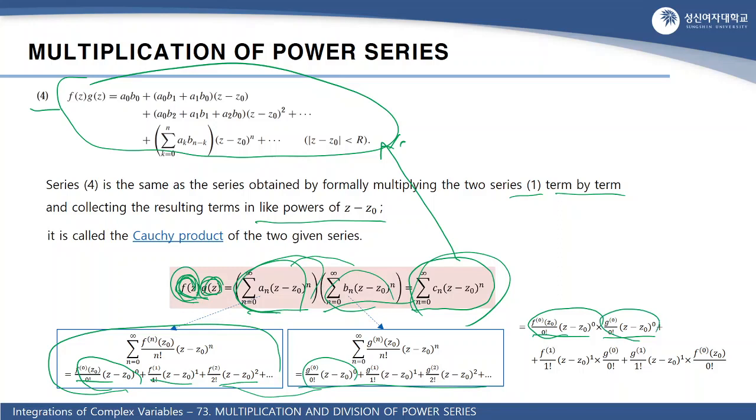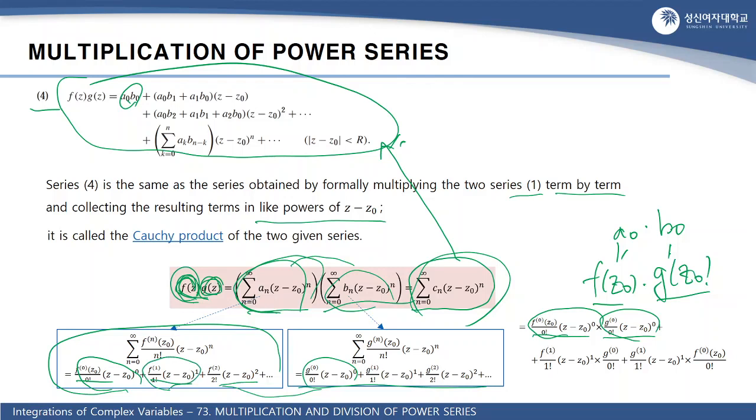It's just f(x naught) times g(x naught), which is exactly a_0 times b_0, so this is exactly this term. And then next we move to the first order of x minus x naught.